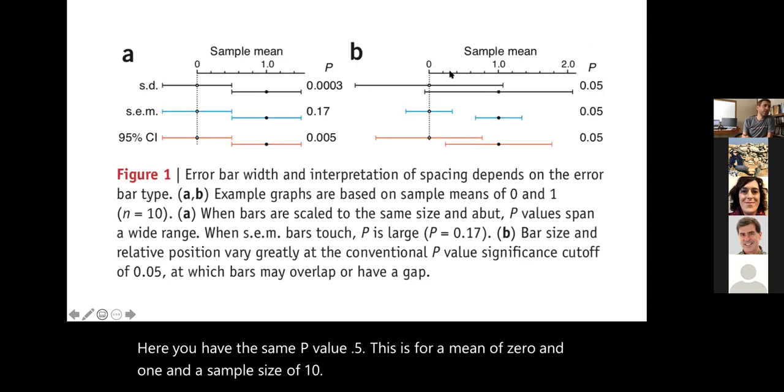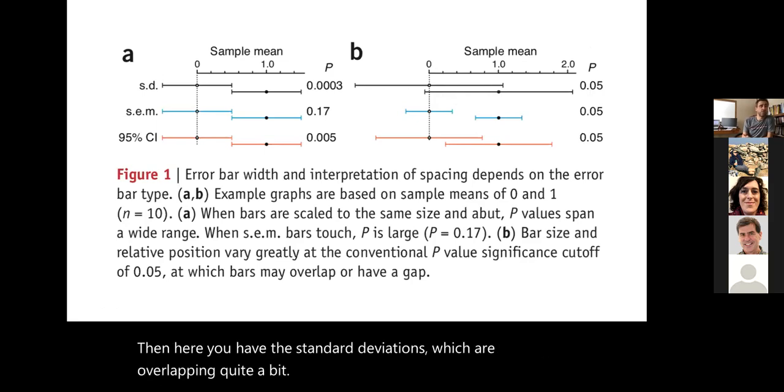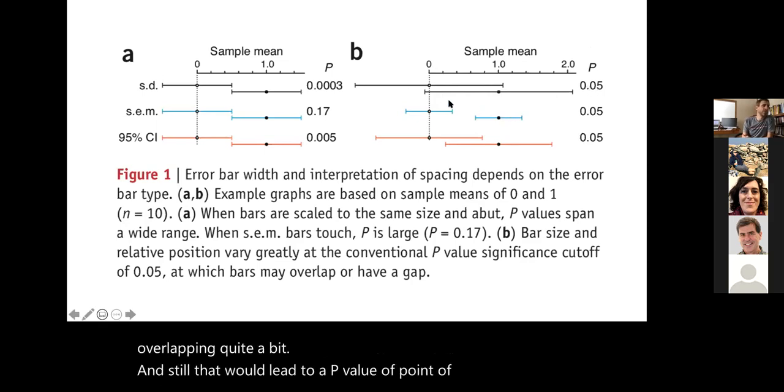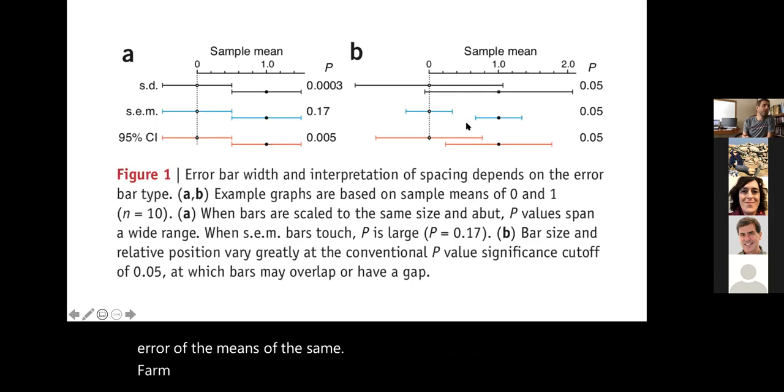Here you have the standard deviations, which are overlapping quite a bit, and still that would lead to a p-value of 0.05. The standard error of the means of the same sample would suggest a very large difference, but actually the p-value is the same, right?